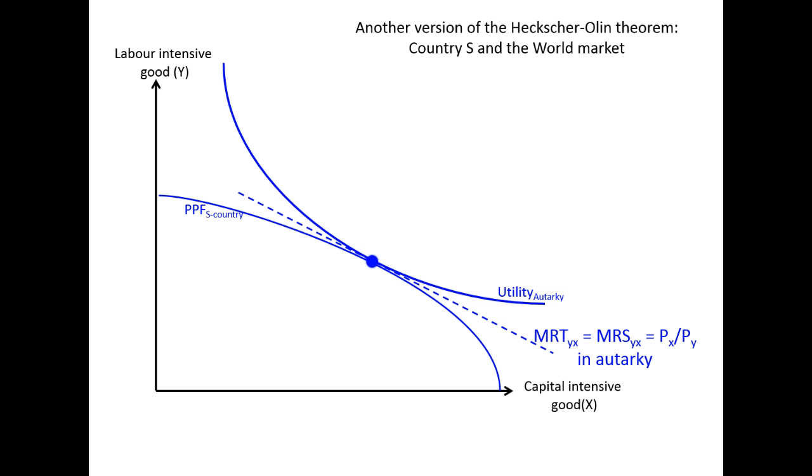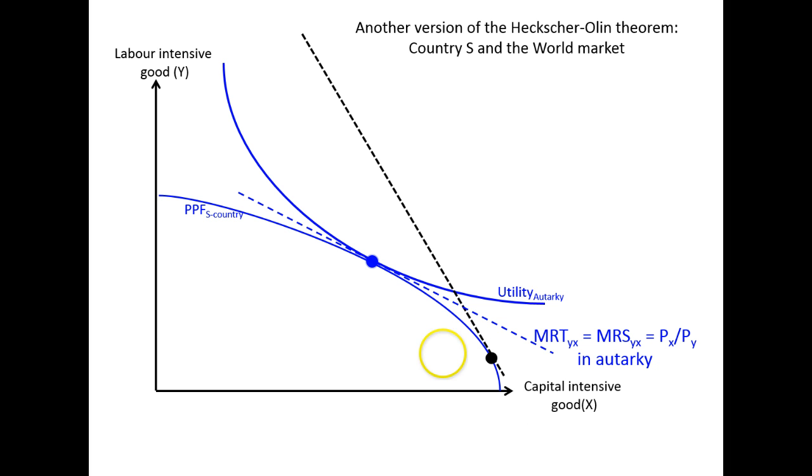If we then open up for international trade, and we realize that the relative price on the world market is much steeper than we have in our own country, then we're going to change our production towards the good that we are relatively good at, that we have some kind of comparative advantage in.